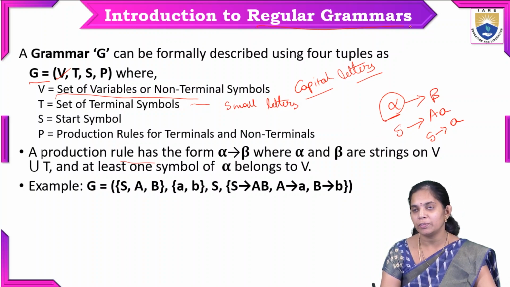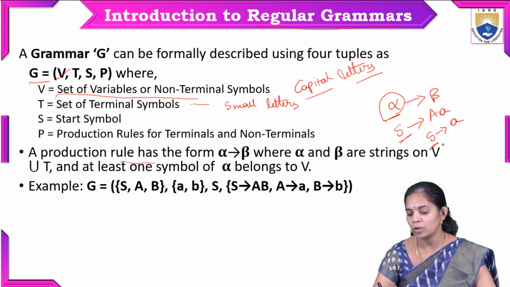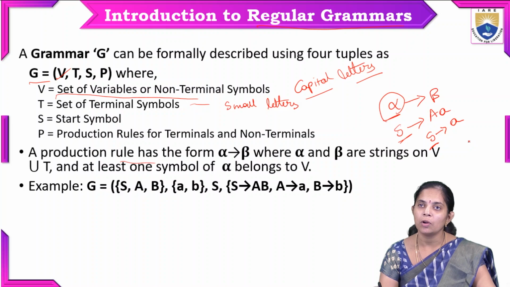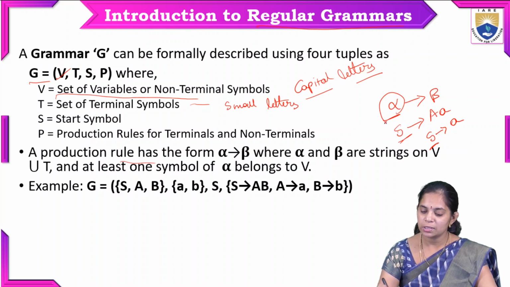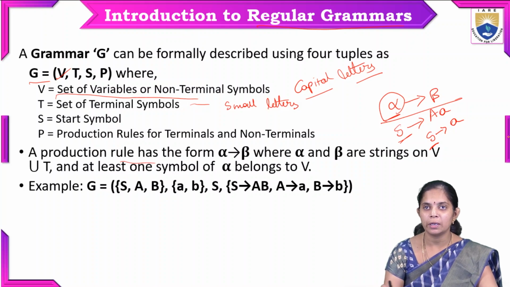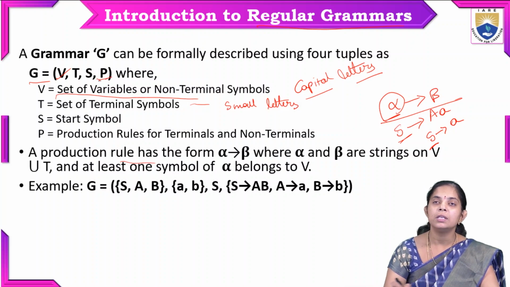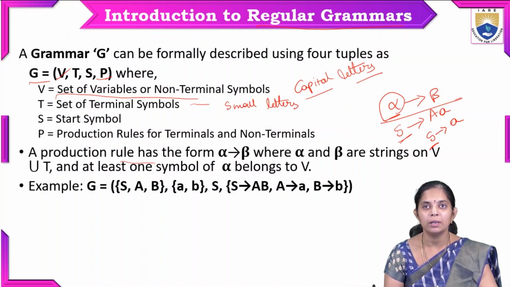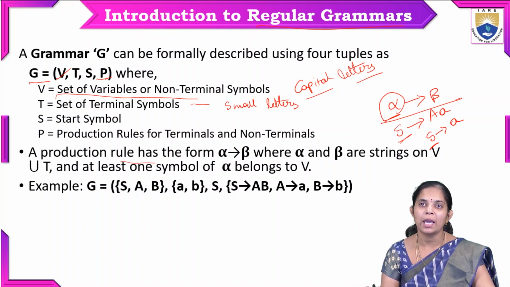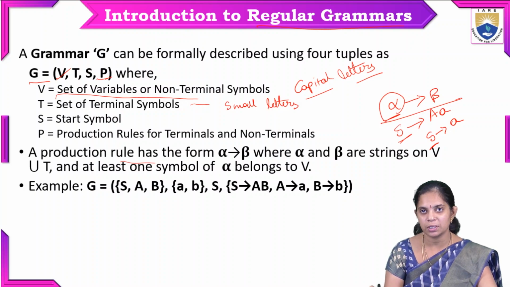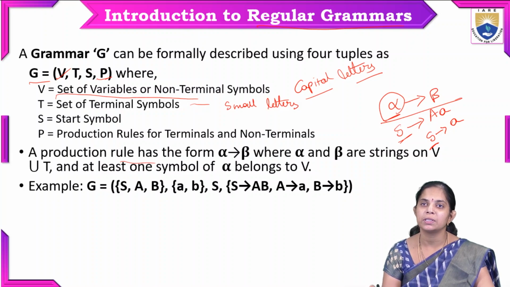So the regular grammar has only a single non-terminal on the left hand side, represented with a capital letter. This is the production rule form for the four tuple grammar containing V, T, S, P. V is the set of non-terminals, represented with capital letters, and T is the set of terminals, represented with small letters.